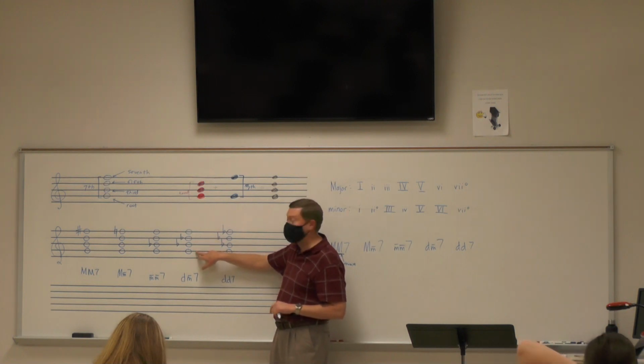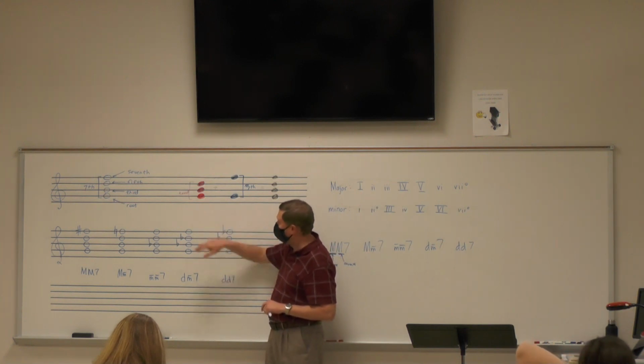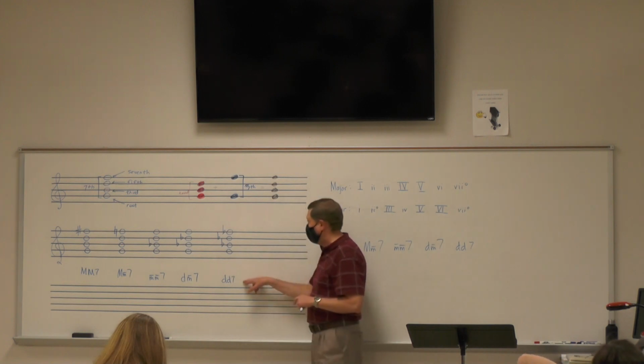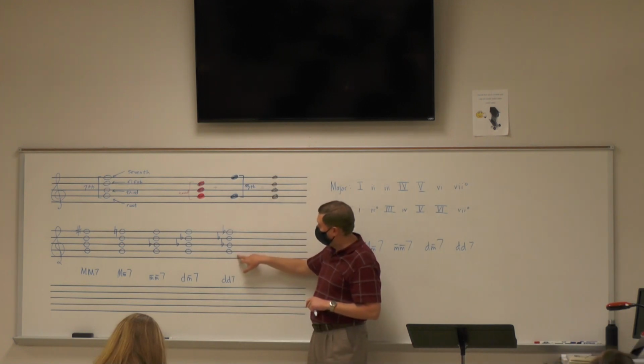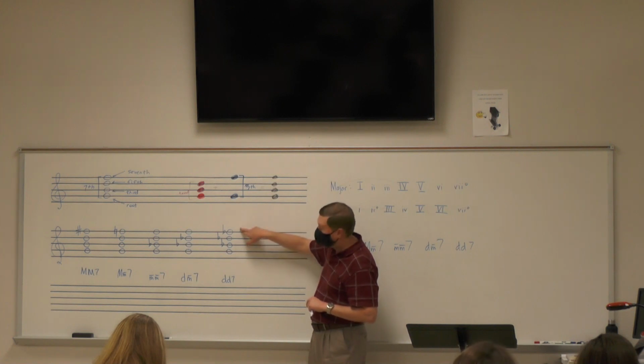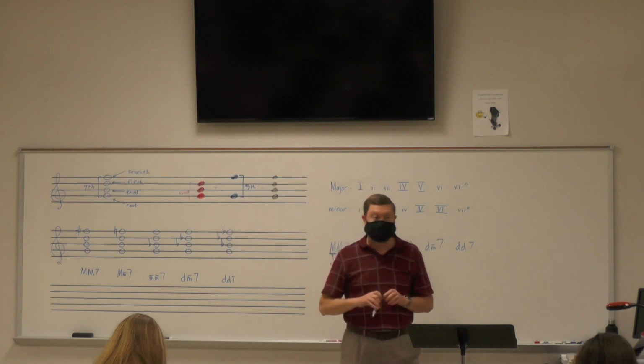The 3 notes on the bottom make a diminished chord, G, B flat, D flat. And then the 7th from the root all the way up to the highest note is still a minor 7th interval. Finally, the diminished 7th chord has a diminished triad, G, B flat, D flat, with a diminished 7th on the outside. G up to F flat is a diminished 7th interval.